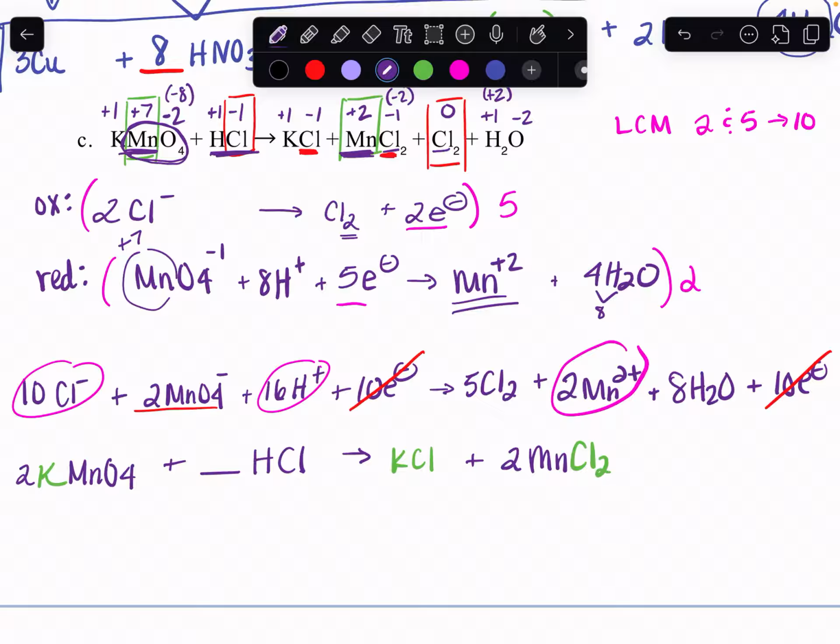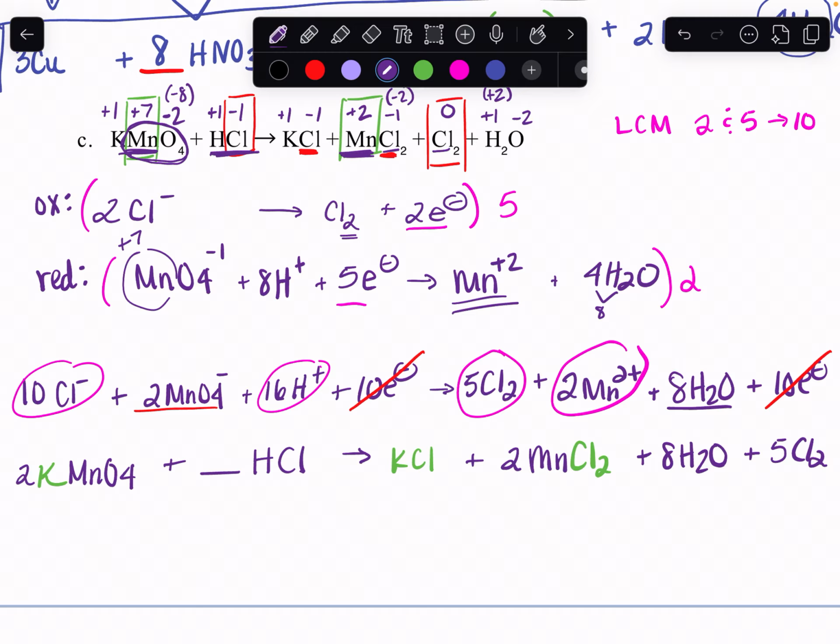Amazing. Then my water stays the same, so I had water in the original equation, so 8H2O. And then I also discovered that I have 5Cl2, right? So I have the coefficient for it now, so that's going on the end, 5Cl2. So I've got a really solid equation. Everything's added back in, everything's canceled.